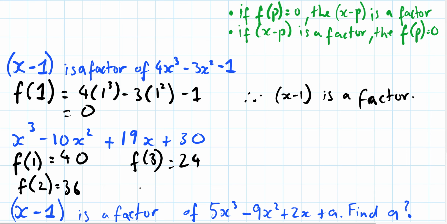So let's try the next one. I'm going to try f(4), which equals 64 minus 160, add 76, add 30, equals 10.